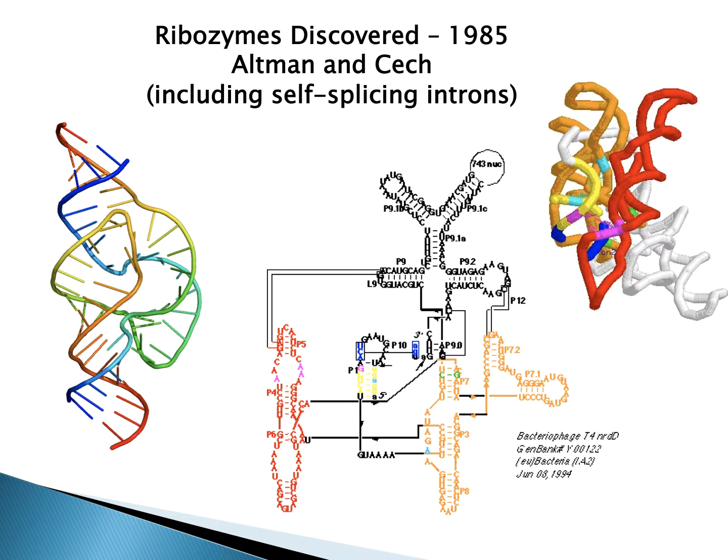There was also something called the hammerhead ribozyme and others. This led to some hypotheses about the first organisms on Earth, and now it's thought that the very first organisms on Earth were based on RNA and probably some peptides, rather than DNA and proteins.